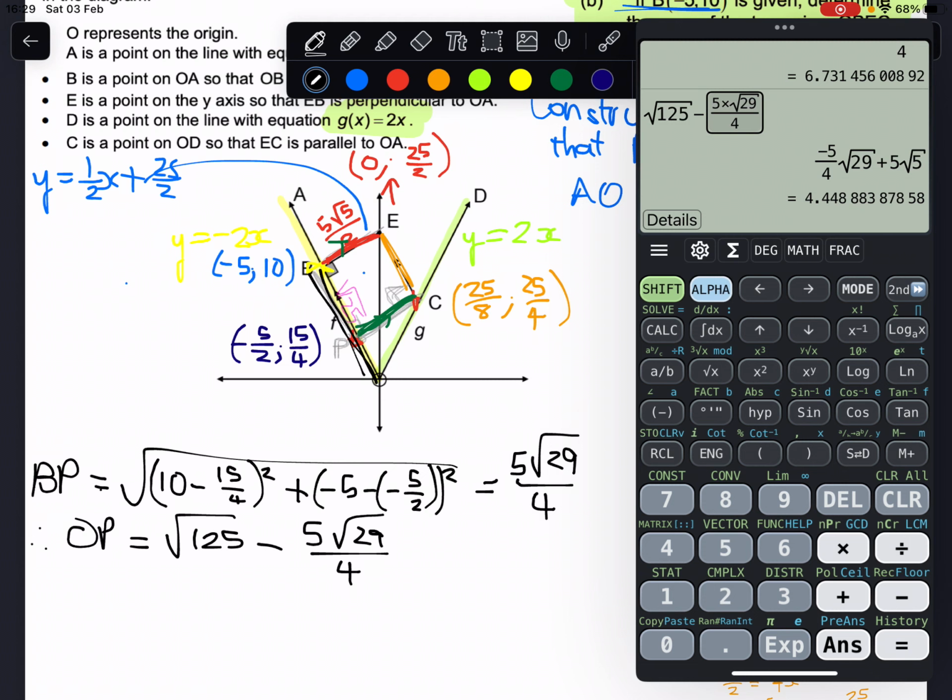That is a very colorful answer. So that is negative 5 over 4 root 29 plus 5 root 5. Okay, they haven't really actually done much. They've just rearranged this. So actually, this is just as good as not even working it out.